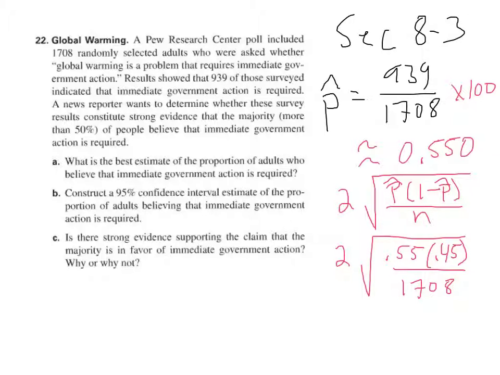After I get through all that, I'm getting 0.024. I'll go 3 decimal places since I have 2 really. Now to calculate the interval, I'm going to take 0.55 minus 0.024 and 0.55 plus 0.024, and those are going to be my upper and lower estimates for the actual percentage or proportion of people who think government action is needed right now.